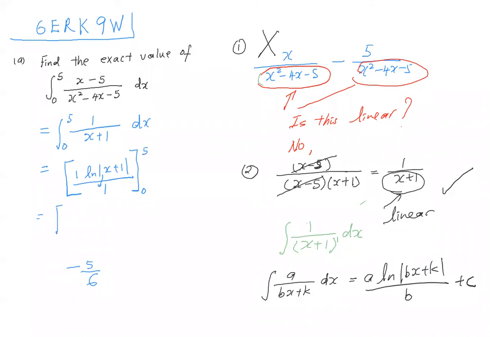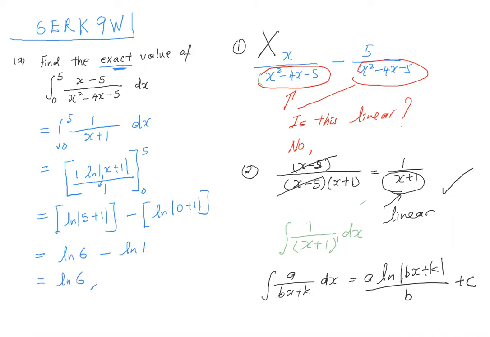So then I sub the top minus sub with the bottom. Because the question asks for exact value, I will write this as such, and I know that ln 1 is 0.